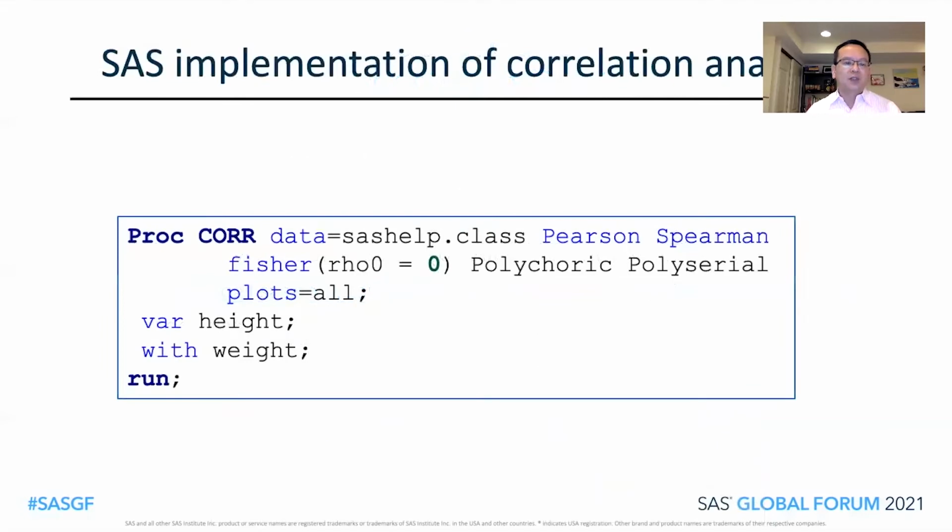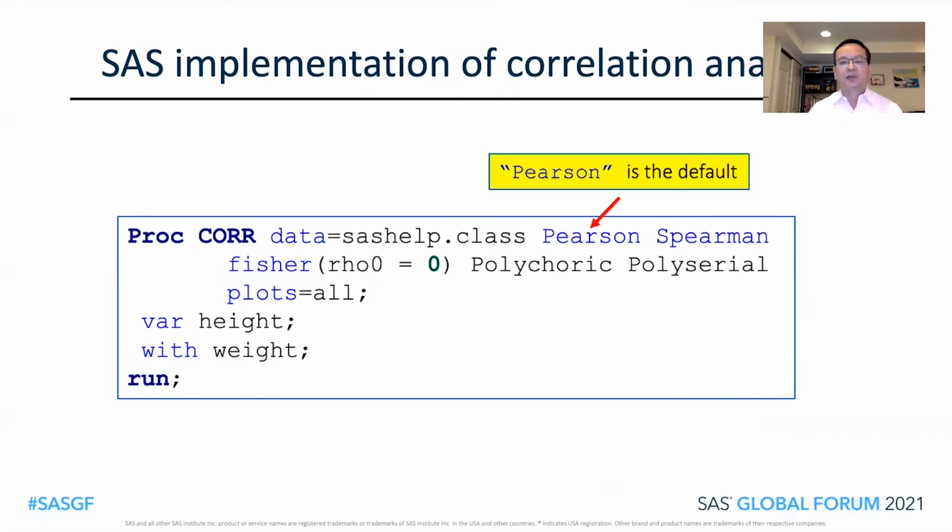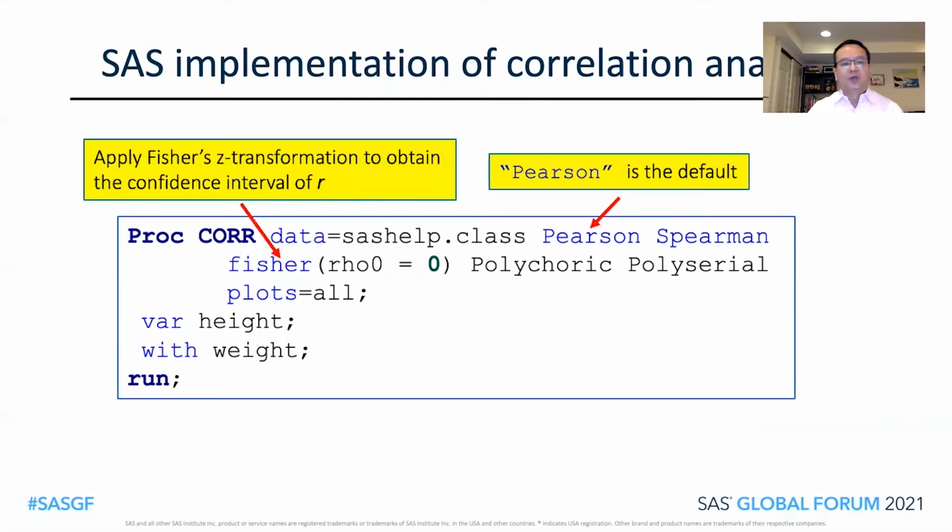So in SAS, there's a single proc that implements all these types of correlation coefficient analysis. It's PROC CORR. By default, it produces the Pearson correlation coefficient analysis. It's often desirable to have a 95% confidence interval of this correlation coefficient, and you can just specify Fisher's Z transformation for that.